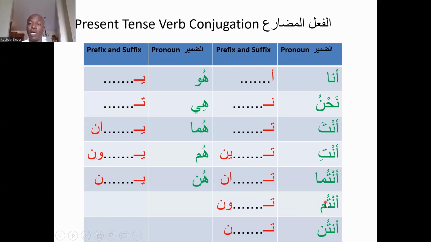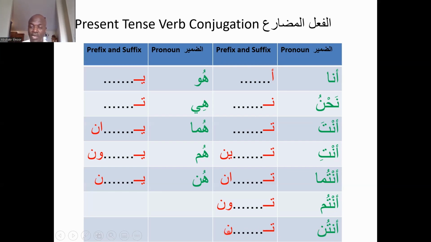Also, we address them using antum, you all. Taktubun or tadrusun, ta'kulun. You just start the prefix as a ta, plug in your verb, and then add waw noon for the present tense. Antunna, you all feminine, plural: also you start with the ta, plug in your verb, and then add the noon for antunna.